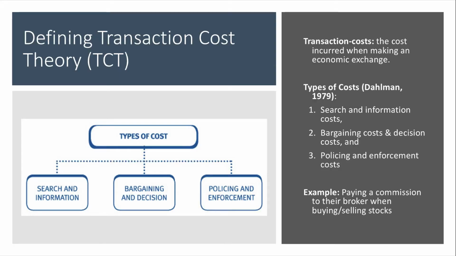So the types of costs that were identified, and some of these we've explored a little bit earlier when we looked at exchange relationships on an open market, are search and information. So identifying all of the potential providers of a certain good or service that you're looking for, establishing the quality, reputation, potentially going out and visiting the store, finding out what their distribution methods are, how timely the distribution is, the cost of the distribution.